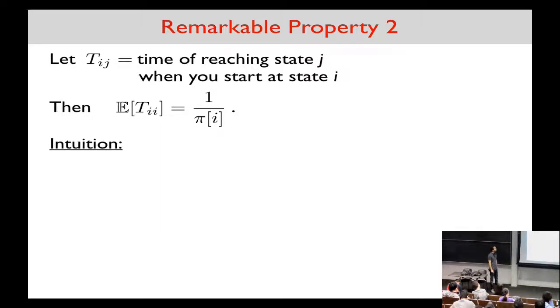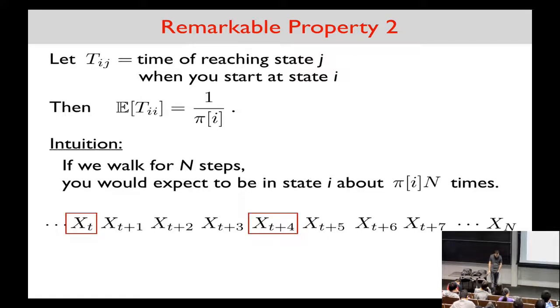And again, if you want to think about the intuition, suppose we have some state whose limiting probability is 1 over 4. Then in the long run, you expect to be in that state n over 4 times.